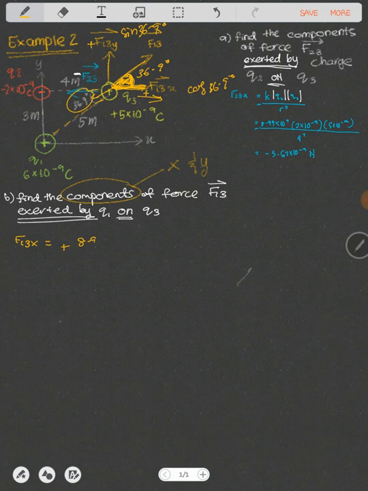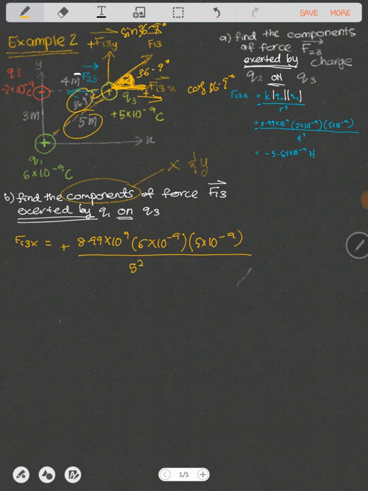Positive 8.99 times 10 to the power of 9 times 6 times 10 to the power of negative 9 times 5 times 10 to the power of negative 9, and then divided by 5 squared, but multiplied by this one, the angle, cos 36.9 degrees.